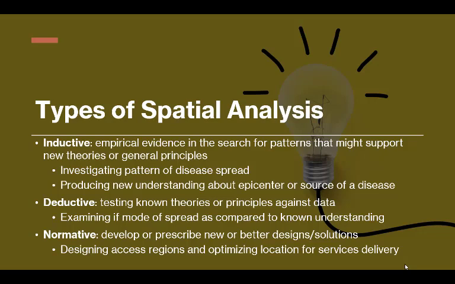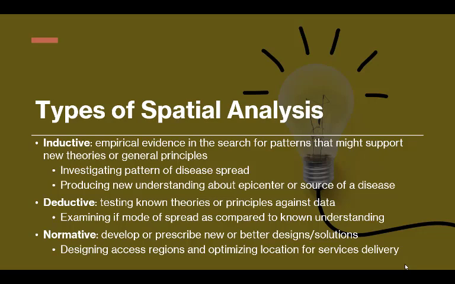Then the third type of spatial analysis is the normative one, whereby we are trying to develop a prescription, a design, a solution. So a very good example is to design access regions or optimizing location for service delivery.